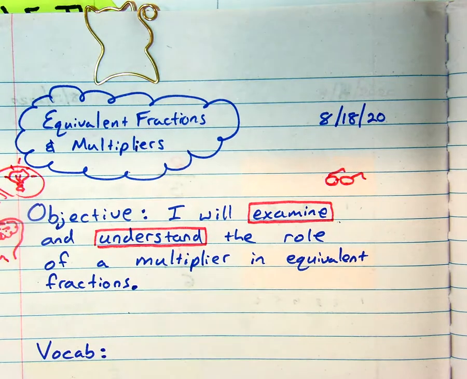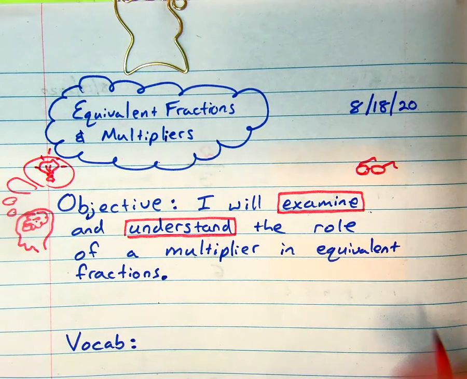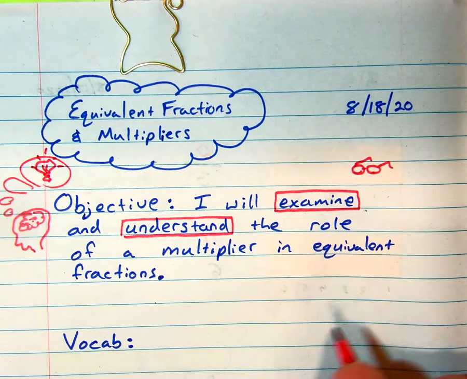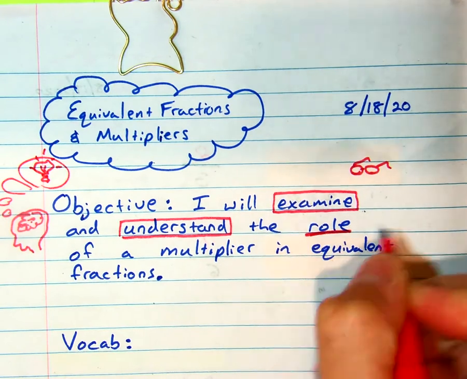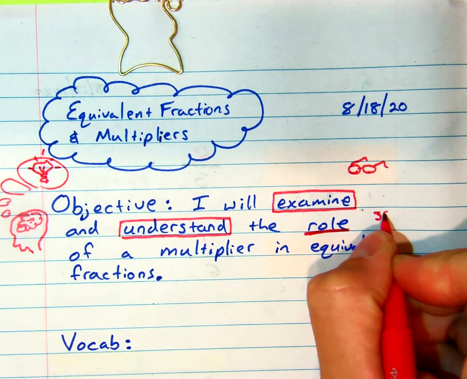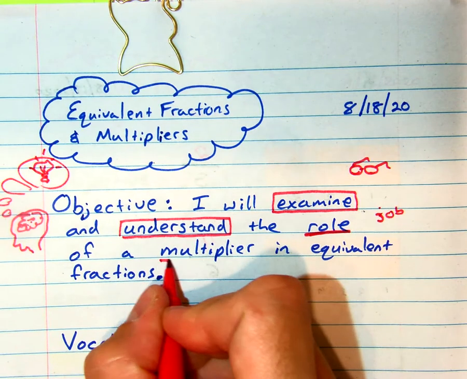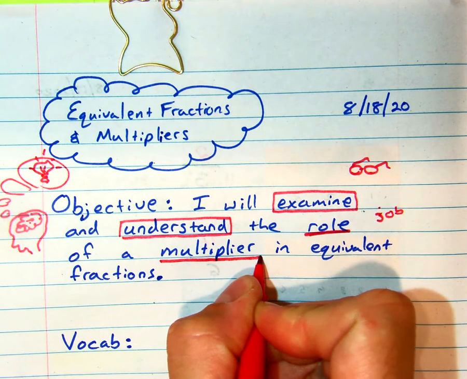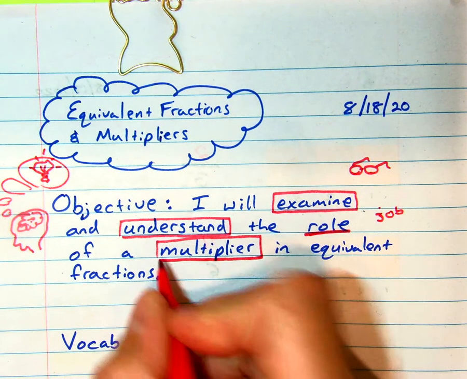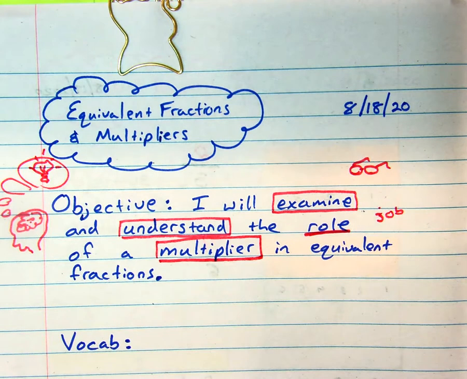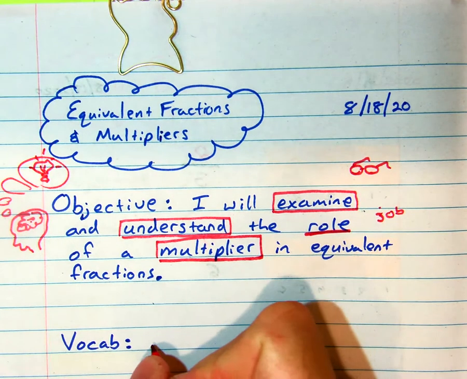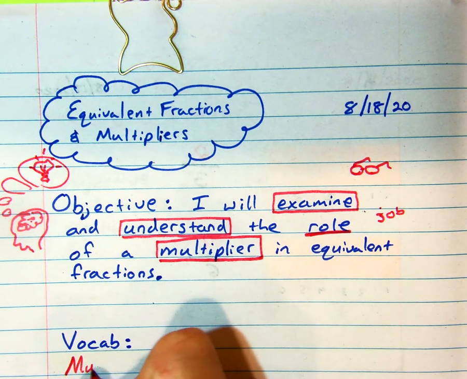So we want to examine and understand. We're talking about the word role. We're talking about a job. What is the job of this buzzword here? Say it with me, multiplier. So our vocab term today is multiplier.